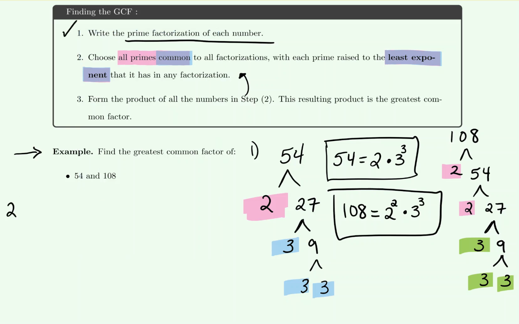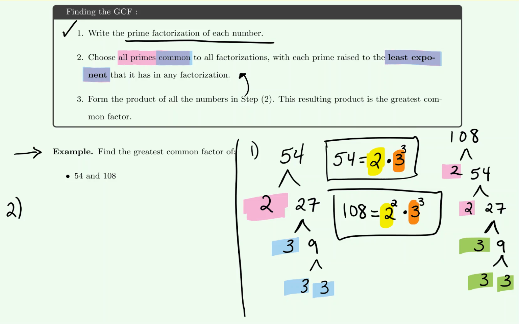Now for step 2 of this process, it says choose all primes common. So looking at this prime factorization, I see that 2 is a common prime, and we see that 3 is a common prime number.